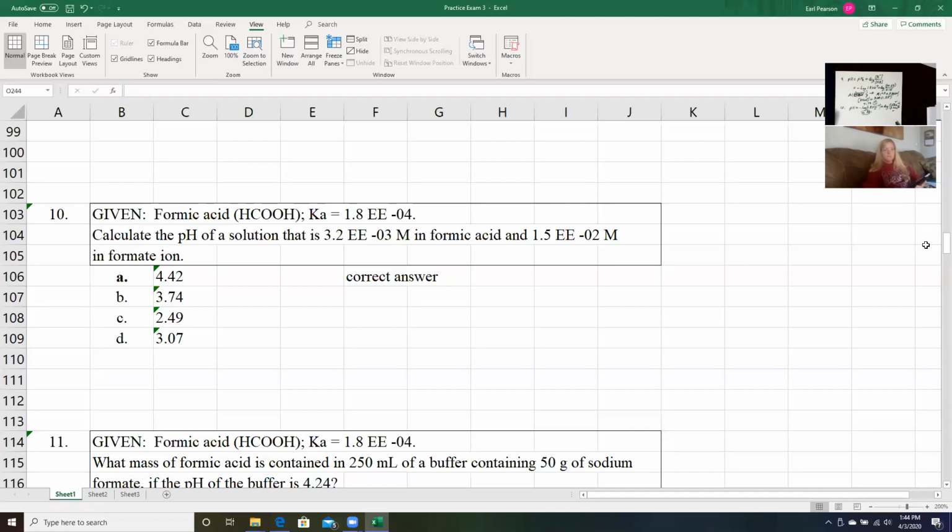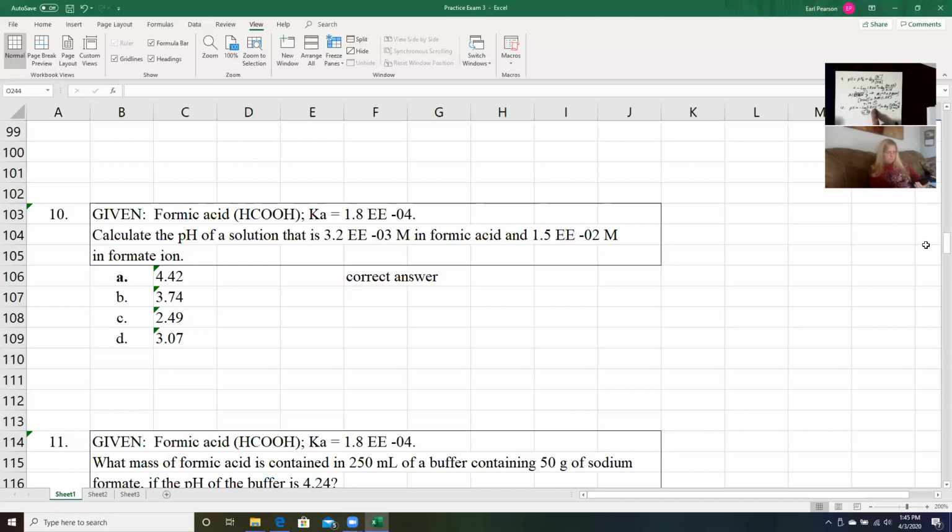Minus log of 1.8 with an exponent of minus 4, close the parenthesis, plus the log of 1.5 with an exponent of minus 2, divided by 3.2 with an exponent of minus 3, close the parenthesis.